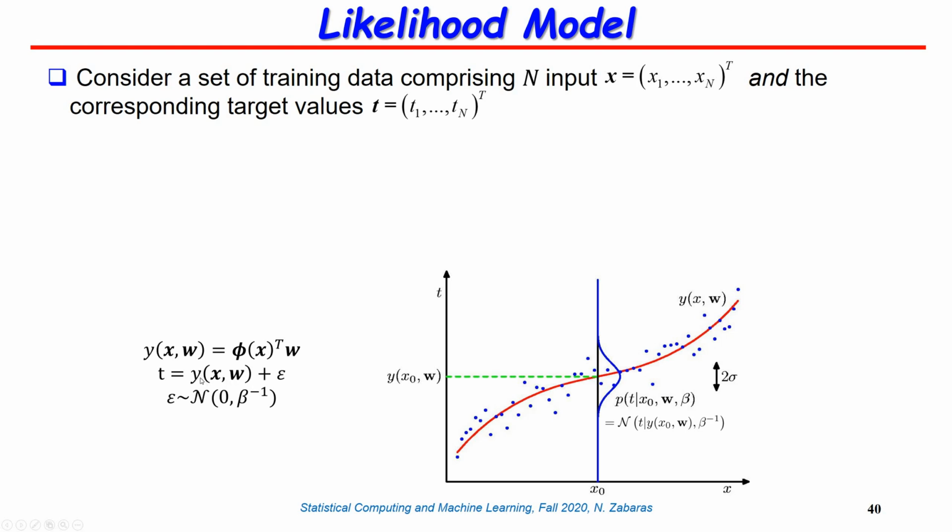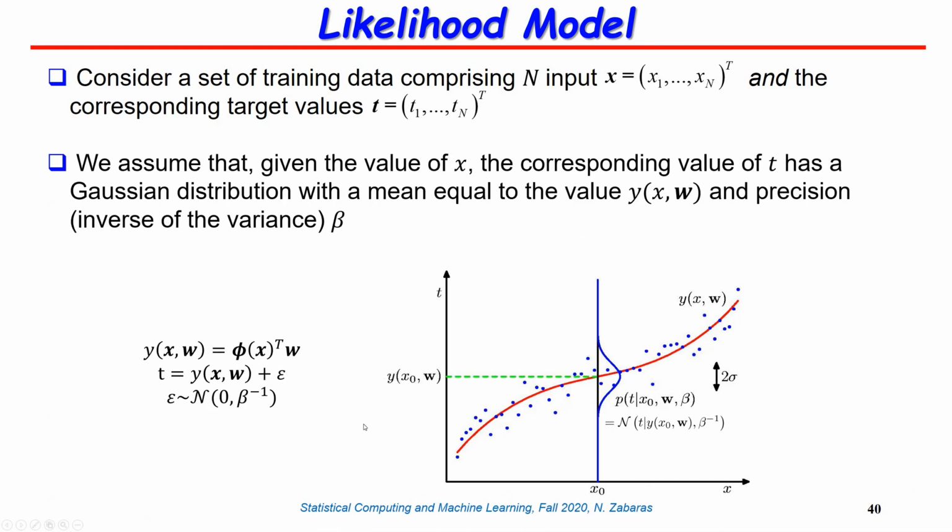We have an approximation of it, which is the regression function y of x and w plus some Gaussian noise that has a precision beta. And I remind you, our regression function is phi transpose w, where I put all the basis functions and all the w coefficients in vector form.